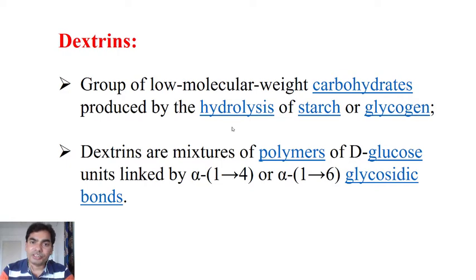So dextrin is the hydrolyzed part of starch and glycogen. It is made up of D-glucose linked by alpha 1,4 bonding and alpha 1,6 bonding. Alpha 1,4 is the main chain and alpha 1,6 is the side chain, with this glycosidic bond.